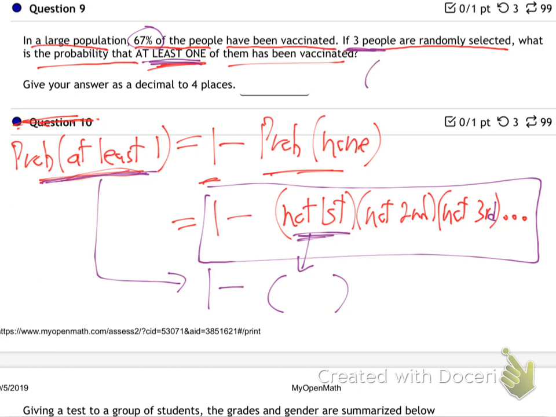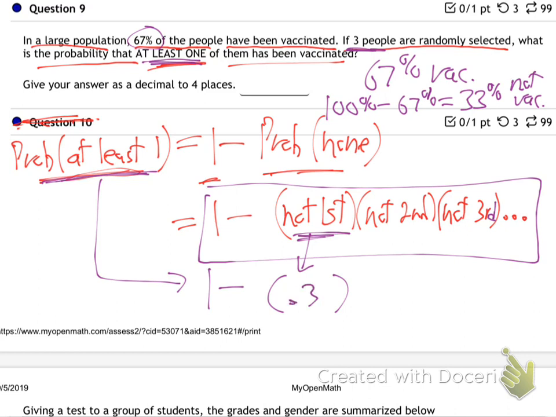There's 67% vaccinated, then subtract from 100, and you get 33% not vaccinated. If 67% have been vaccinated, then 33% have not.